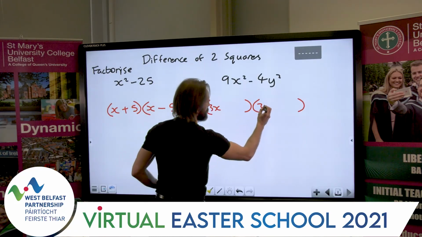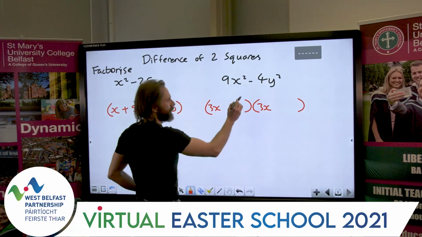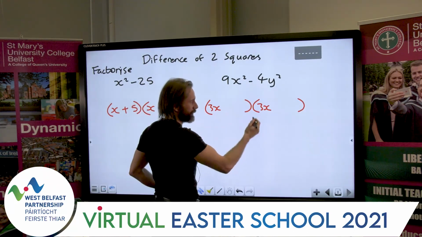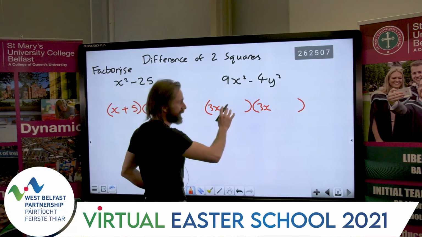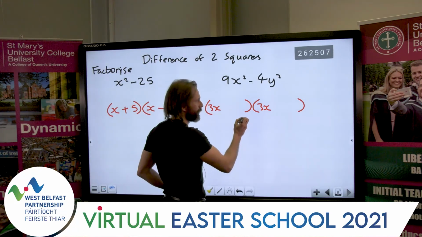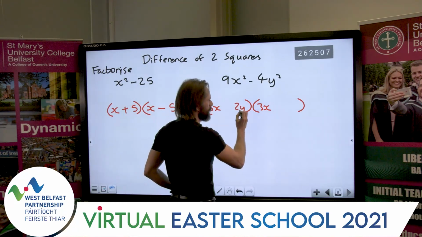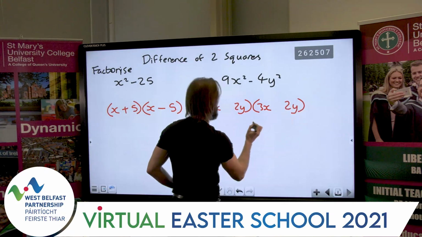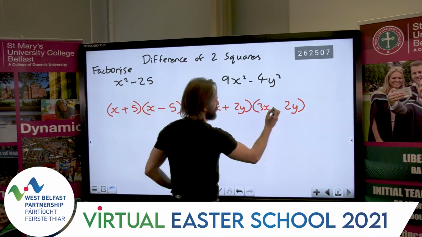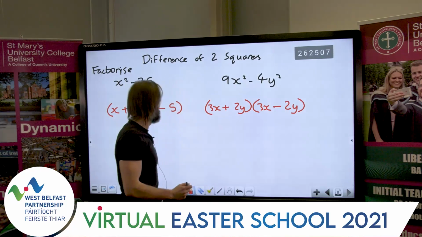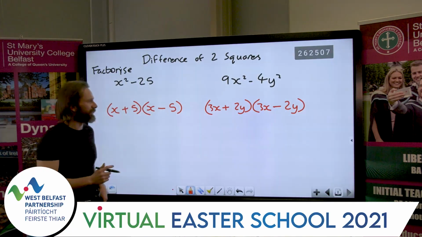So the square root of 9x squared is 3x. And similarly, if we want to square root the second term, just like we've done over here to get the second term in each bracket, the square root of 4y squared is 2y. And just keep in mind, one bracket has to be positive and the other has to be negative. So that's how we tackle equations where we're dealing with a difference of two squares.